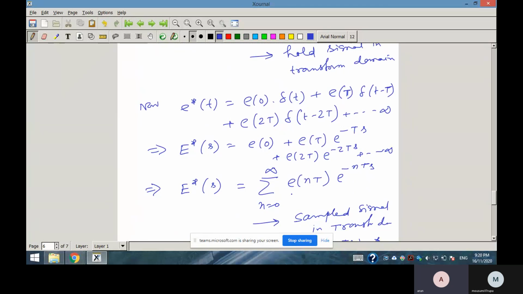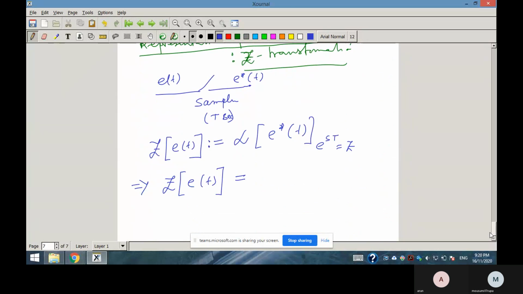So it is, summation of n equal to 0 to infinity E nT into e to the power minus nTs. So let e to the power sT equal to z.